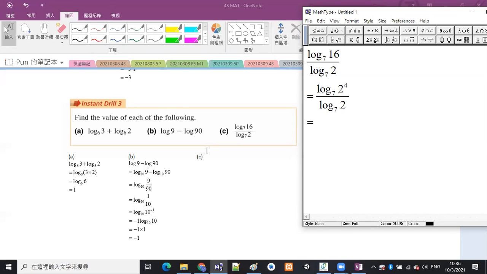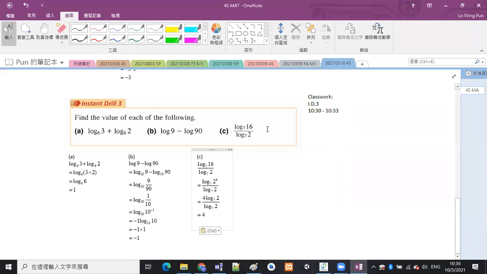And the power 4 is the power of the whole number inside the log. So the power 4 can be brought to the front of the log. Like this. And then the log 2 base 7 on top and the log 2 base 7 on the bottom are a pair of common factors now, one up, one down, and they both are numbers, so they can be cancelled by each other. So what's remaining is equal to 4. Is that okay?